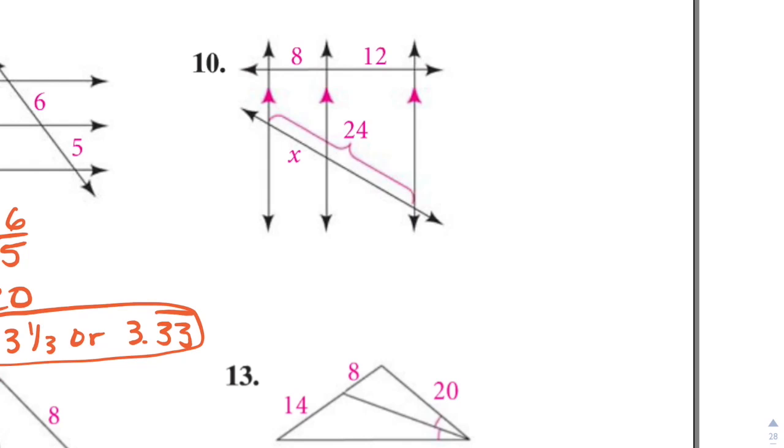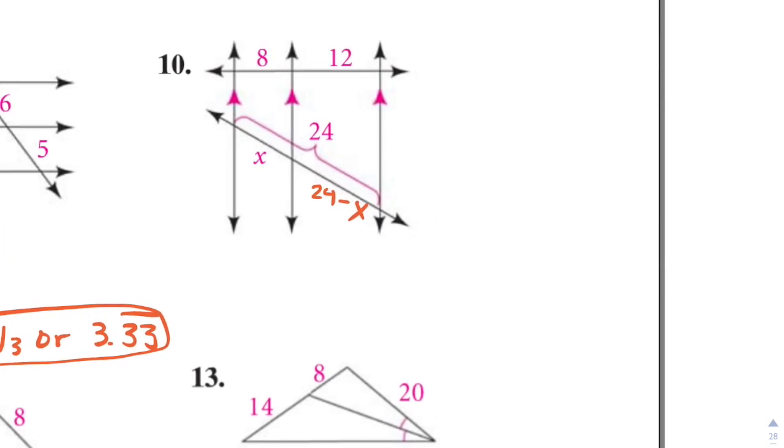This one, well, we might as well set it up in an easier way. Instead of doing 24 take away what we know, which is x, which is unknown, that actually causes us a little bit more of a challenge. There's just a lot more distributive property. Just set it up like you would have before. X is to 24 as 8 is to 20.